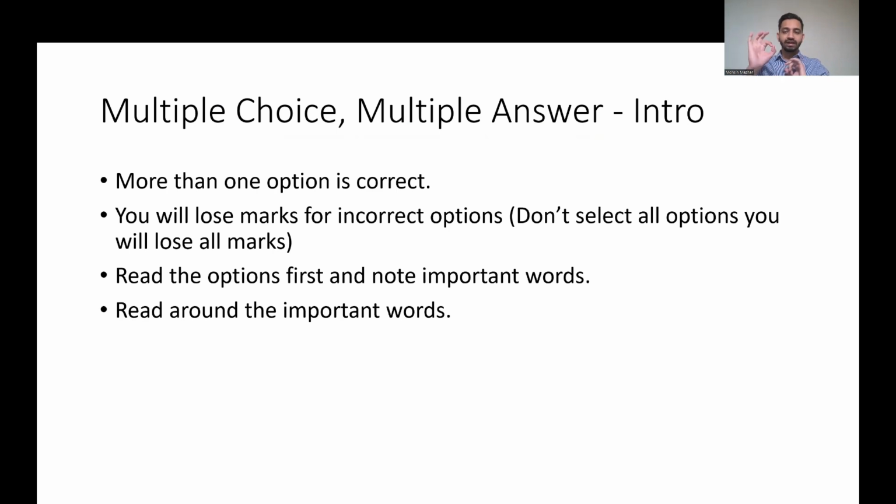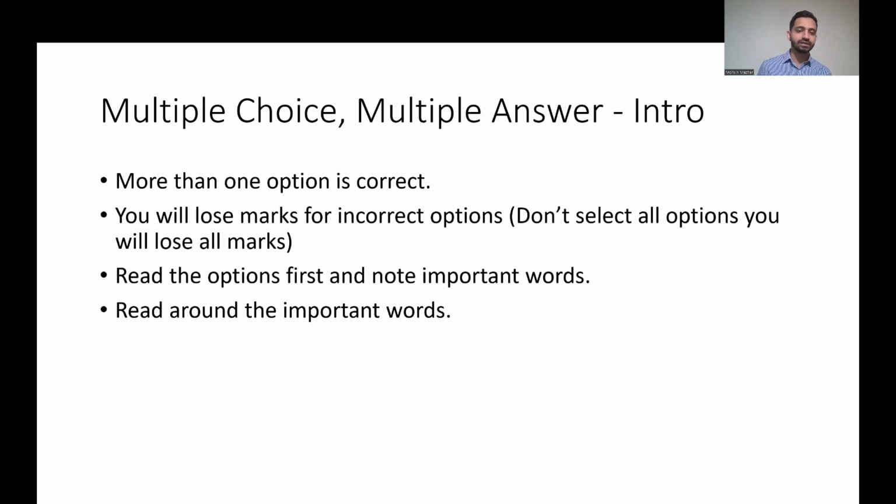So you have an element of negative marking, and that's very important that you take it very seriously. If you got one correct and you're not sure about the next one, do not select any of the wrong or unsure options here. And always select at least one. If you're not sure of all of the options, select one. You can select one, but do not select one correct and one unsure one.